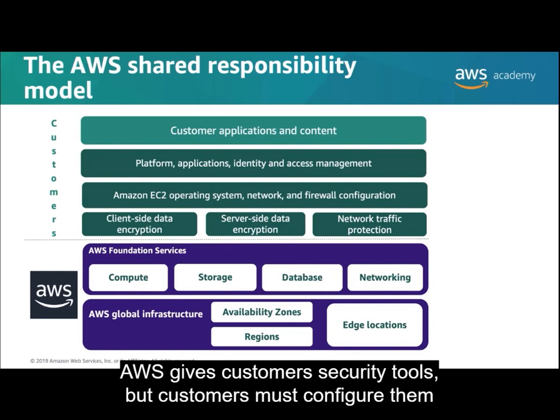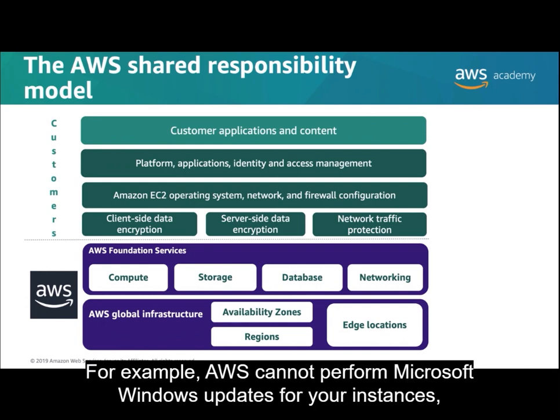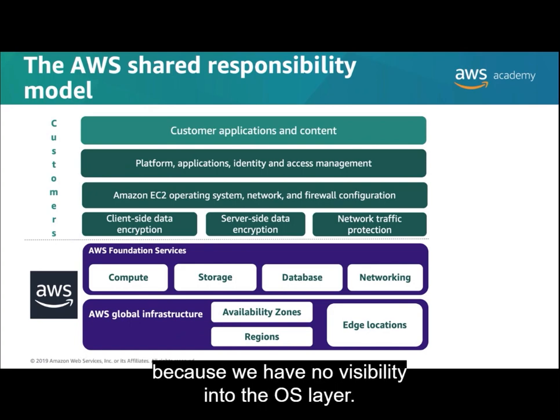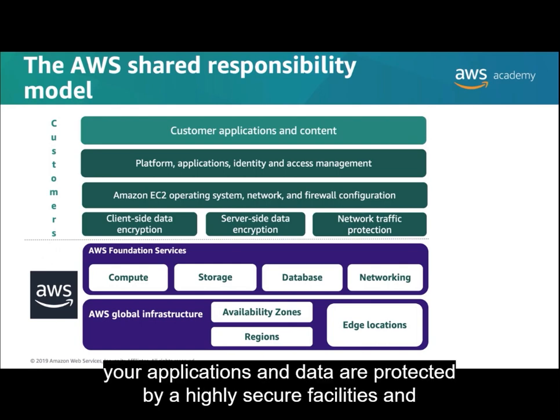AWS gives customers security tools, but customers must configure them properly to meet their needs and maintain a strong security posture. For example, AWS cannot perform Microsoft Windows updates for your instances because we have no visibility into the OS layer.